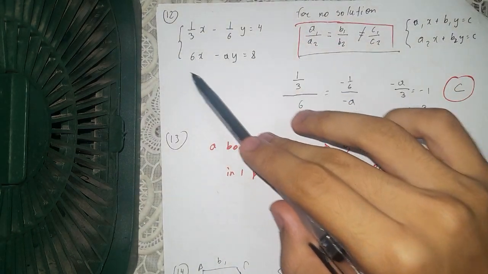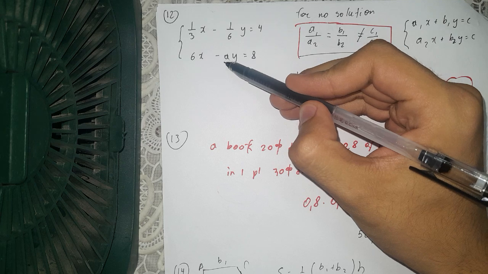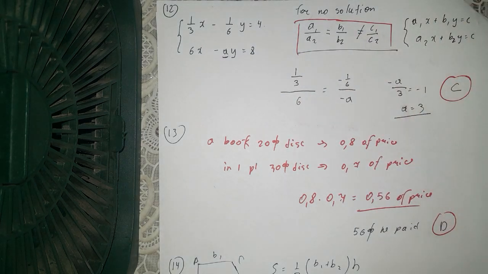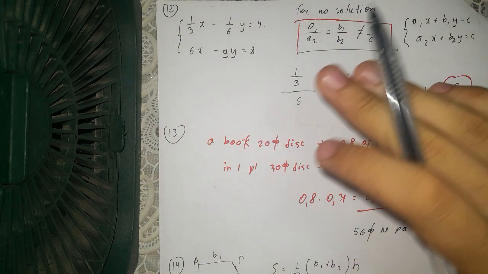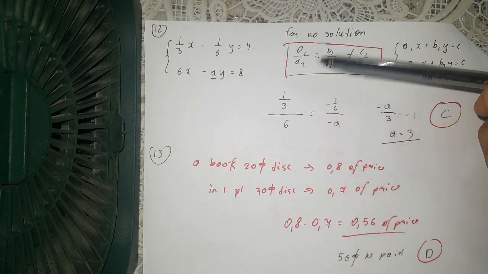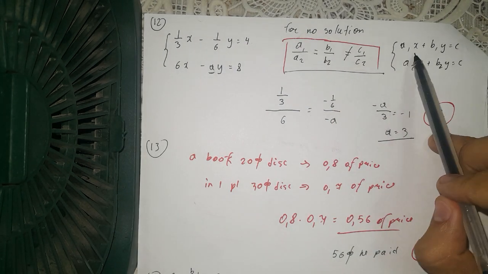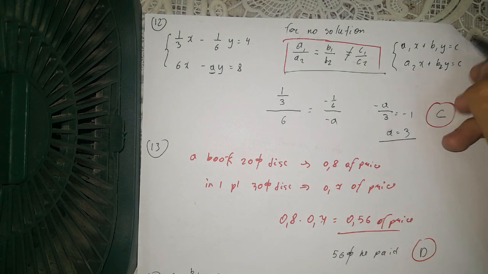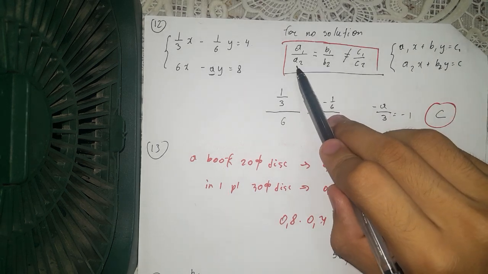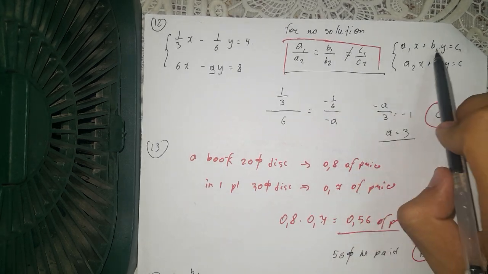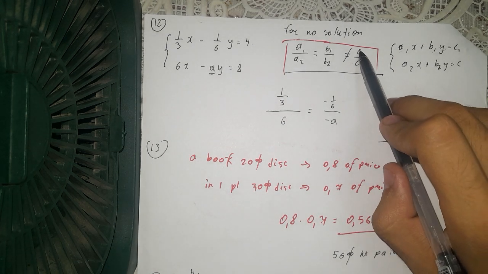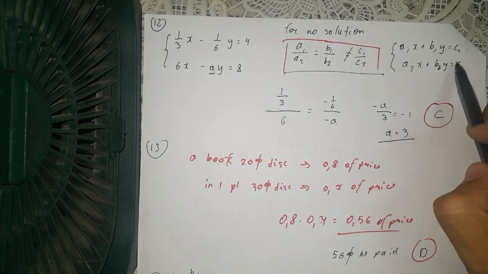There's given the system of equations, and it says for which value of A this equation has no roots. We have this rule for no solution in systems: if this is a1x + b1y = c1, then a1 divided by a2 has to be equal to b1 divided by b2, and it should not be equal to the ratio between them.